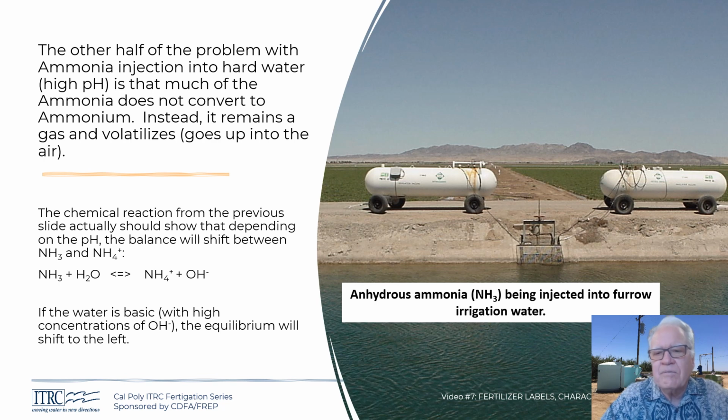This is an irrigation district that gets water out of the Colorado River. And anyway, they're injecting the ammonia, and then it converts with the water into ammonium and hydroxide, but if it's high pH, it doesn't all convert, and so you get volatilization.